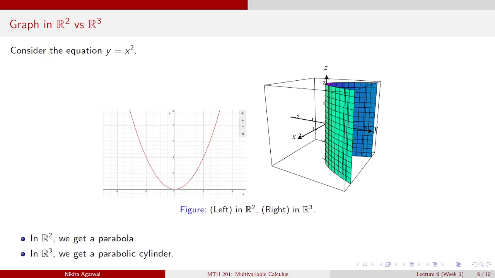So if you draw a parabola in R2, this is the x-axis, this is the y-axis, this is the graph that you get, right? Now let me draw the same picture in R3. In R3, it is a cylinder, right?